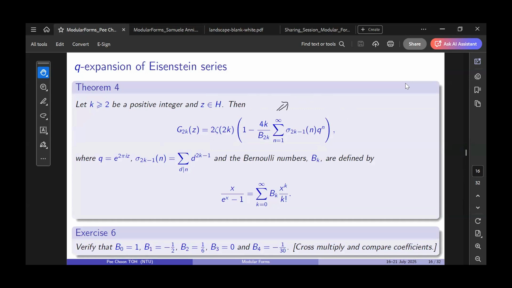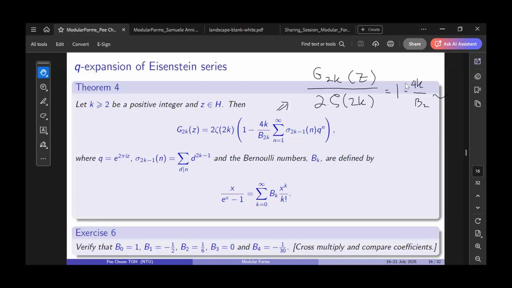So we will make this function. G2K of z will be divided by this theta function. What we are left with is still not pretty, but it's nicer at least, right?